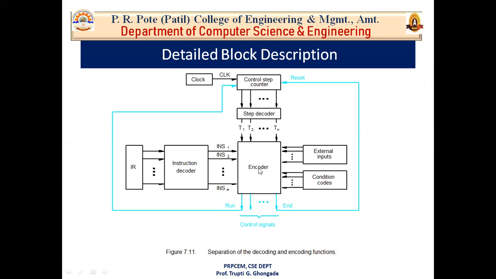And why are we providing these output lines to this encoder? To generate the individual control signals. By using all these inputs given to the encoder, the encoder will generate a sequence of control signals.